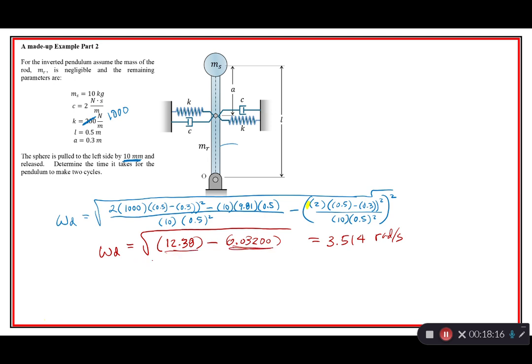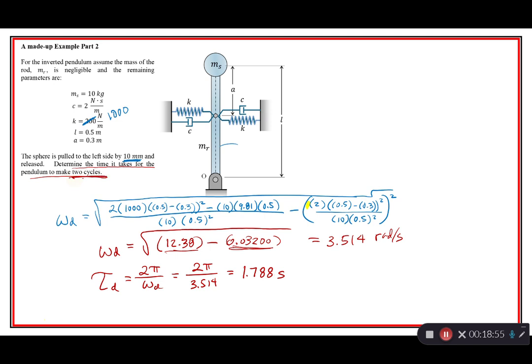So now we're going back to the ask. Determine the time it takes for the pendulum to make 2 cycles. Well, here's the damped natural frequency. So we could say the period is going to be 2 pi over that, or 2 pi over 3.514. So I got to calculate that again. 2 pi, so you have 1.788 seconds.